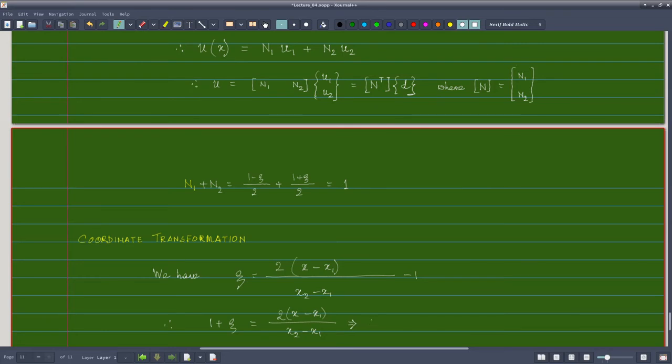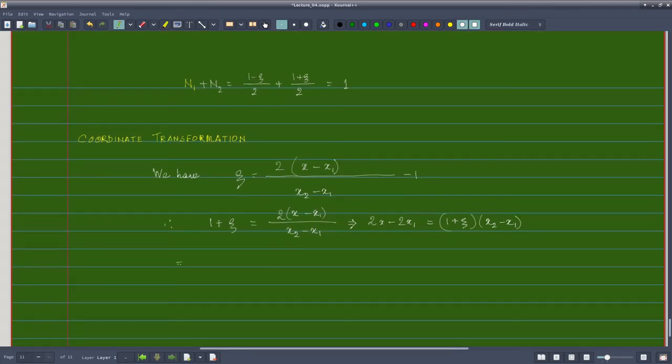So I have twice x minus twice x1. Let me write it like that. Twice x minus twice x1 is equal to 1 plus xi into x2 minus x1. Is that right?